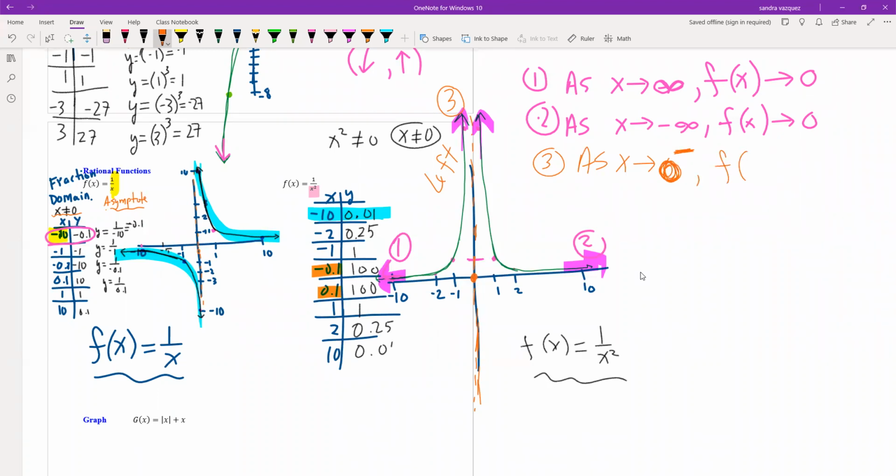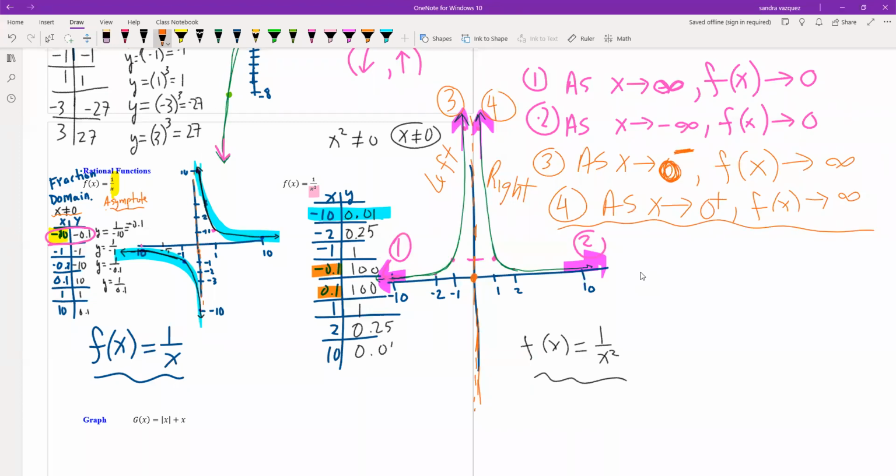And your y value is going to infinity. And then I'm gonna label 4. And then as x goes to 0 from the right side, this side is the right side, then f of x is also going to infinity from this side. This one has 4 end behaviors.